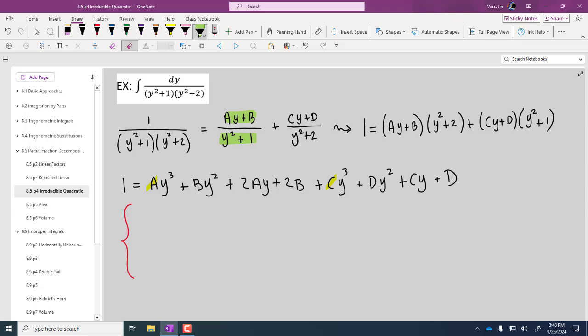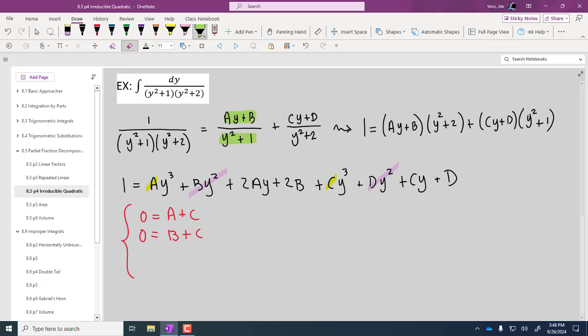It'll take long enough. So when we look here, what is the coefficient of the cubic term on the left? 0. So we'll have 0 equals a plus c. And then we're going to go to the quadratic factor. I only see 2 there. So once again, 0 on the left. And then we'll go to the linear factor.